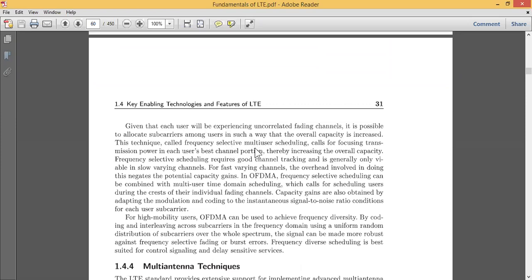Apart from the channel allocation, the LTE users, that is the mobile users or subscribers, will be experiencing a lot of uncorrelated fading channels. It is only possible to allocate the subcarriers among users in such a way that the overall capacity is increased.